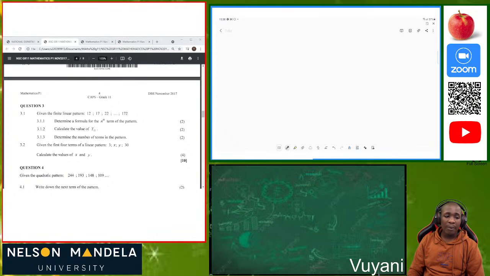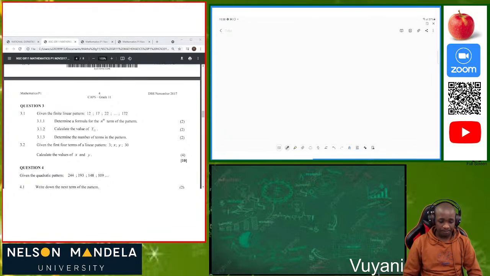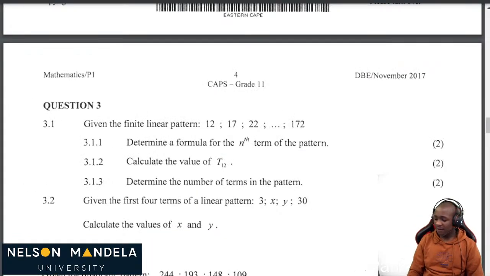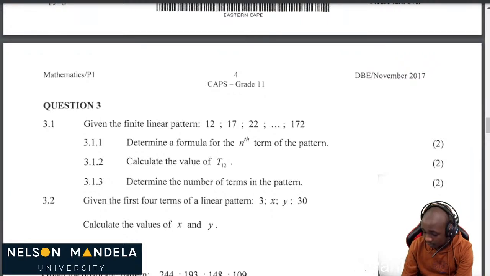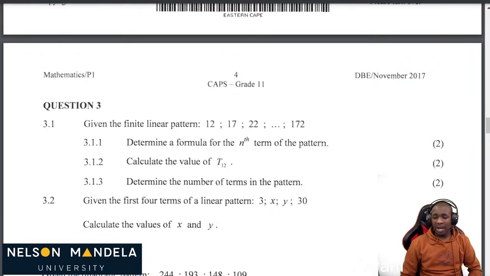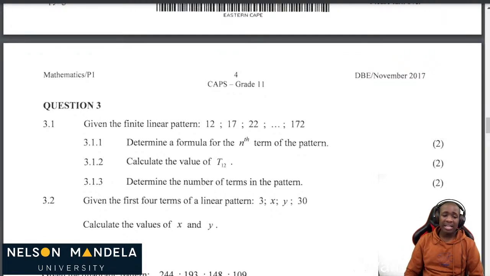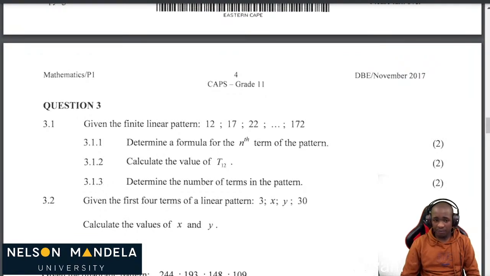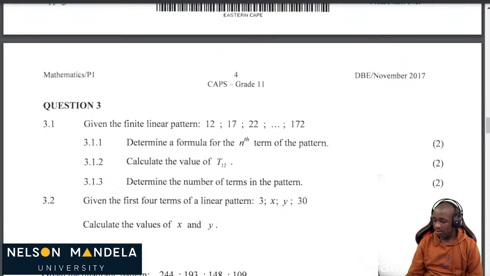Now, going to our today's question paper. We are given question 3. Basically here we are given the finite linear pattern, which is 12, 17, 22, and 172.